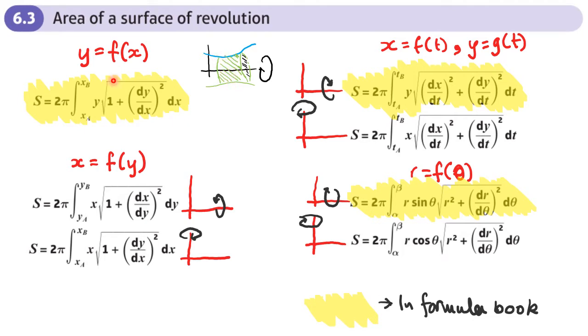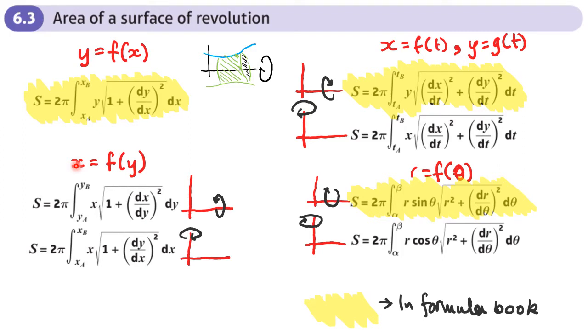Just like we've got formulas that we can use for arc length, we've got formulas that we can use for the surface of revolution, that area. The ones highlighted in yellow are the ones in the formula book. The ones not in yellow are not in the formula book. If we have a Cartesian equation of the form y equals f of x, then this is the form that we use.